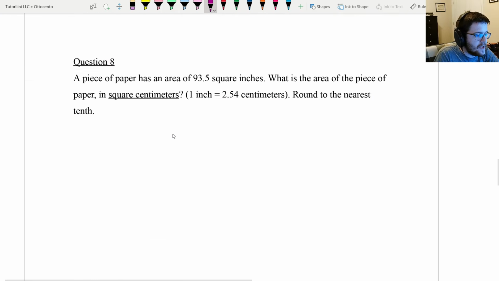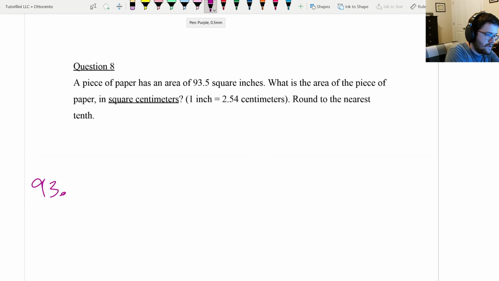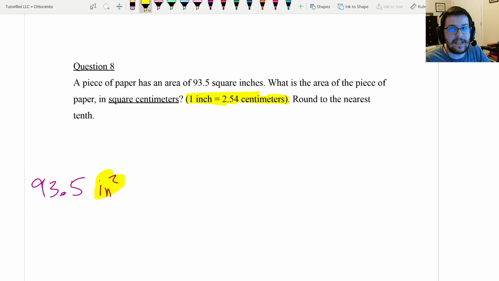All right, let's look at question 8. So 8,593.5 square inches, or inches squared. And I'm going to notice right away that there is no conversion factor with square inches. It just has inch.